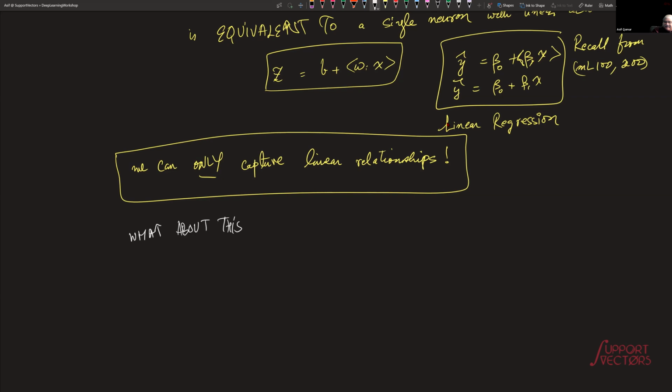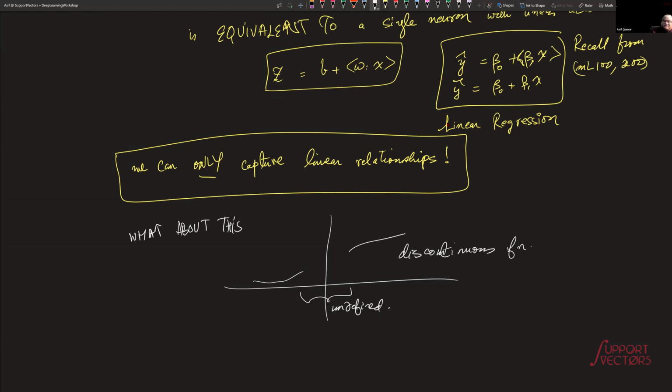Imagine an activation function that goes like this. So it is undefined in this region. Right? So it is a discontinuous function. I should write it better.